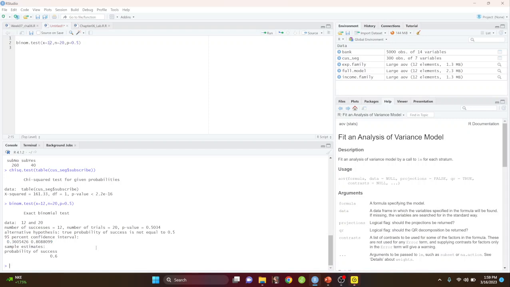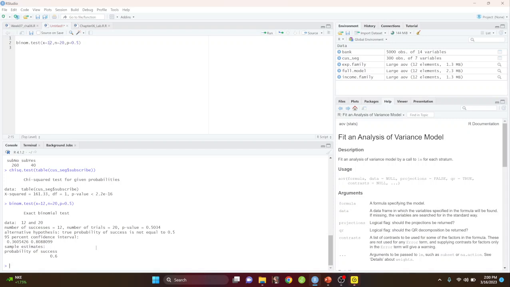Therefore, we accept the null hypothesis. That's the second approach to use to establish your argument here.